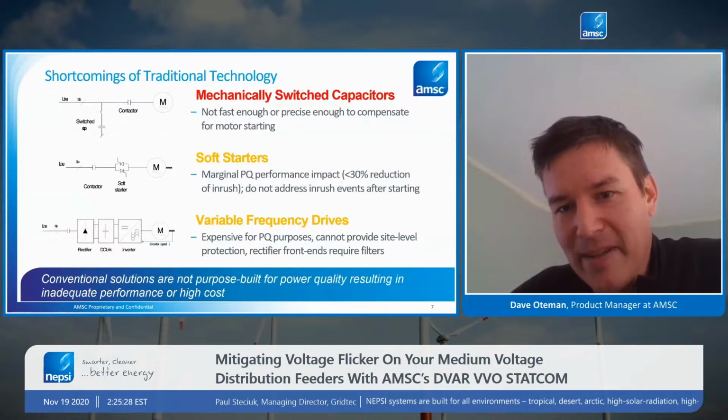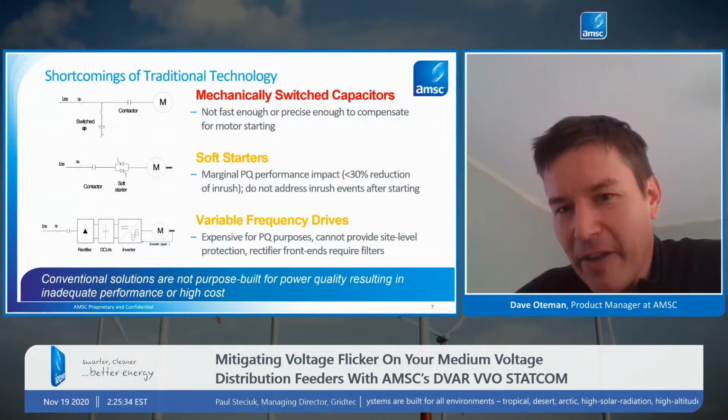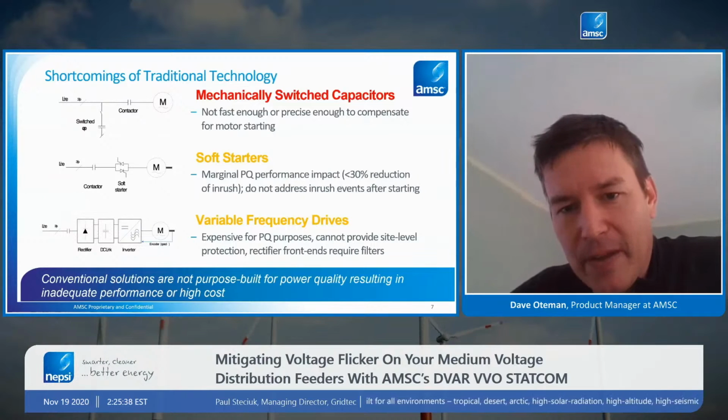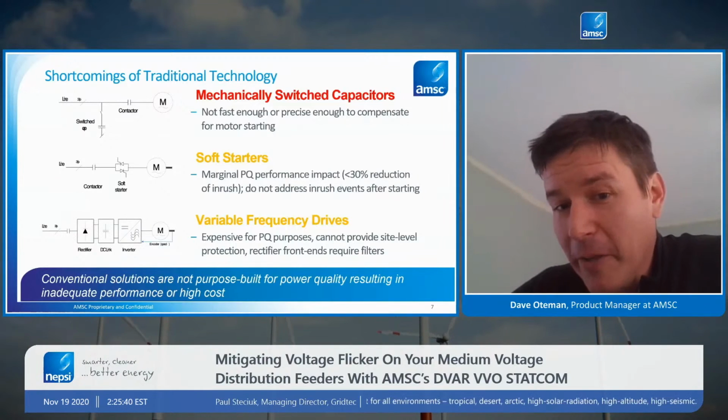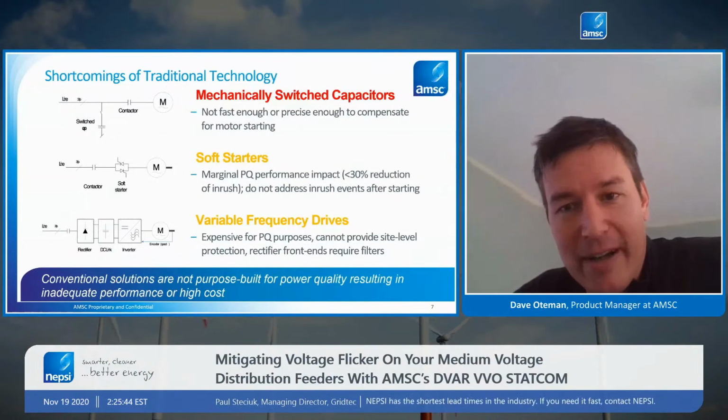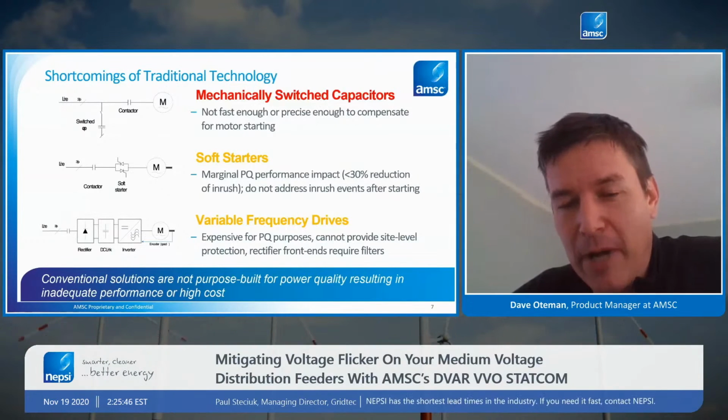In practice, that means that maybe a 20 to 30% reduction is all that's practically viable with a soft starter. That is only then a 20 to 30% reduction in inrush. So the soft starters are not adequate to address these problems, especially on larger motors.